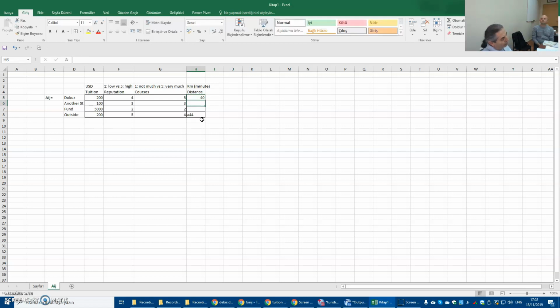How about another university? Say, from Balçova to Bornova, around 25 or 30 kilometers. 25. Okay. And Fund University, same, because locations are very close. 25, and outside university, 600. Okay.